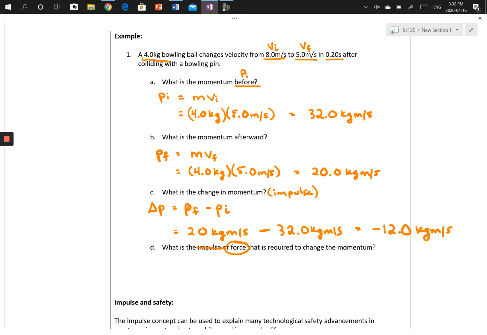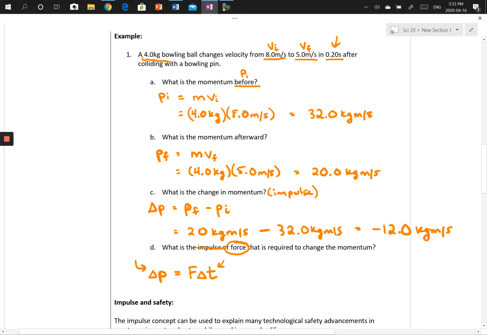In order to do that, we have to look at our other formula: delta P equals F delta T. I now know my delta P value, I just calculated that. And I know my time. The time of impact of the bowling ball with the pin was 0.20 seconds.